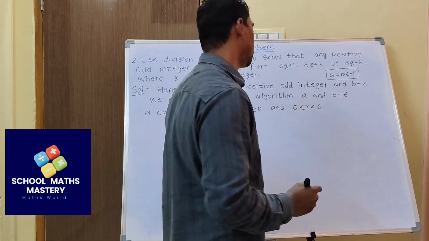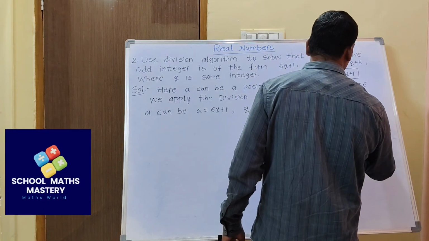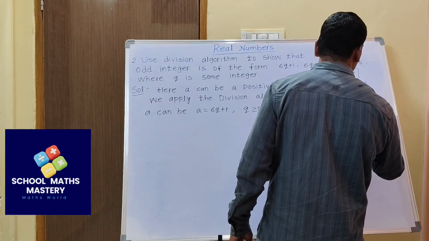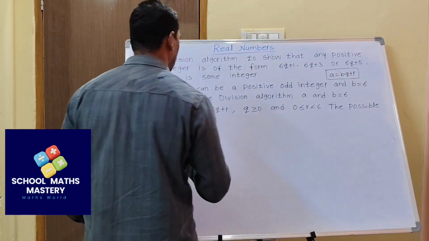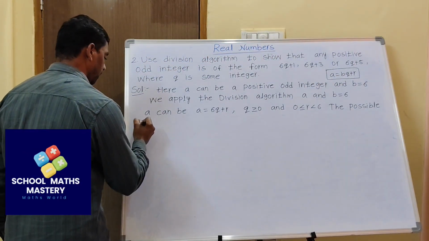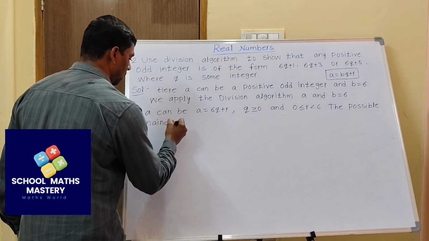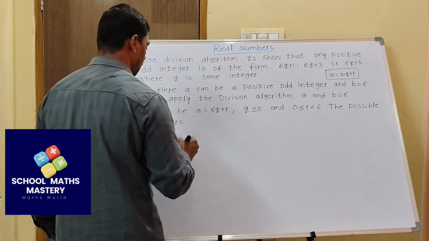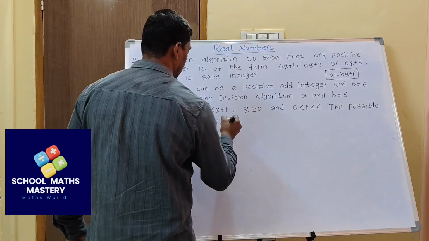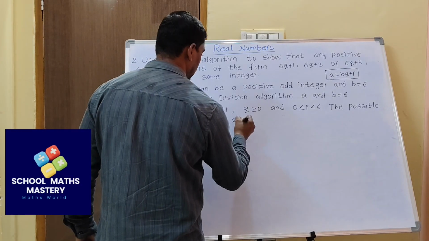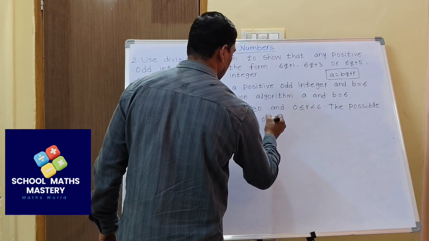Here b is 6. So the possible remainders are 0, 1, 2, 3, 4 or 5.